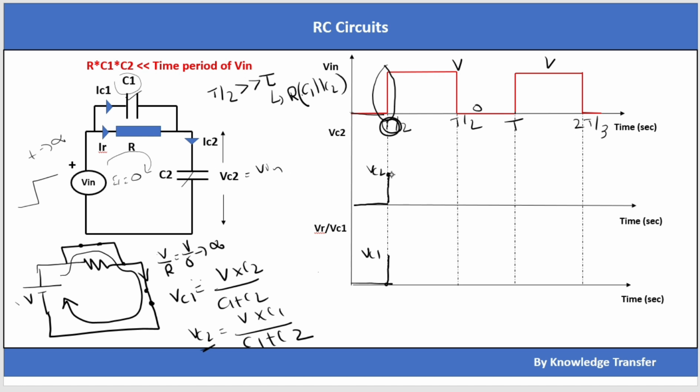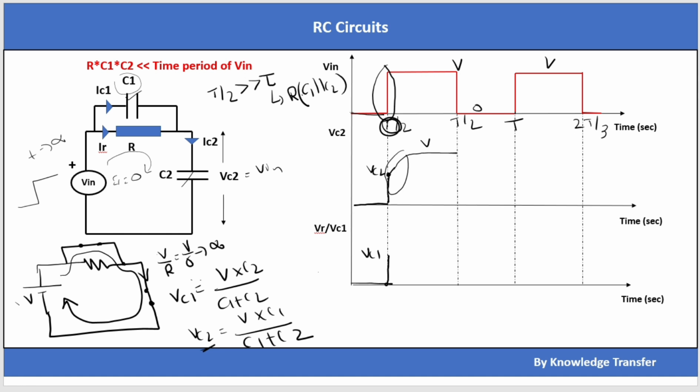That means here VC2 is being charged exponentially. Sorry, a little bit of mistake here in the waveform. This VC2 will charge to V volt, with a time constant of tau, which is R into C1 in parallel with C2.